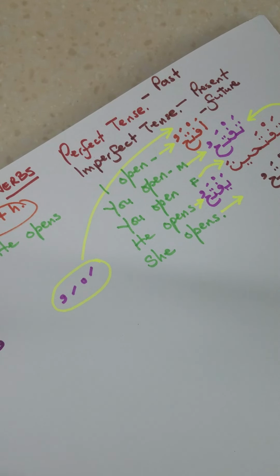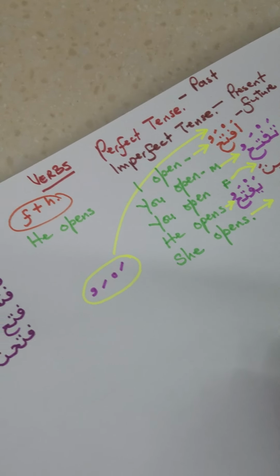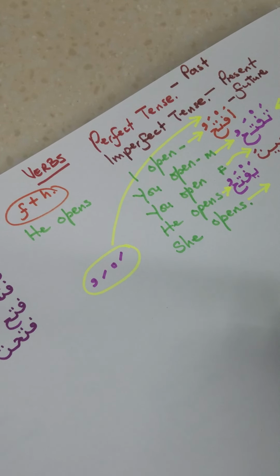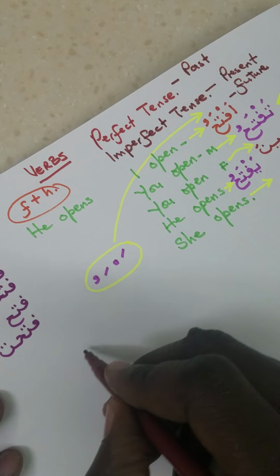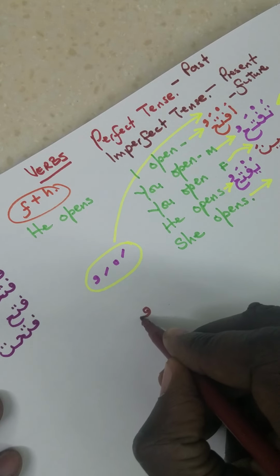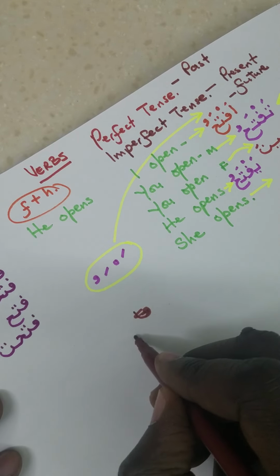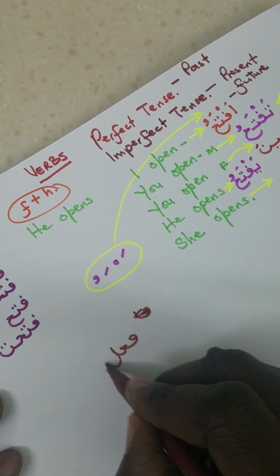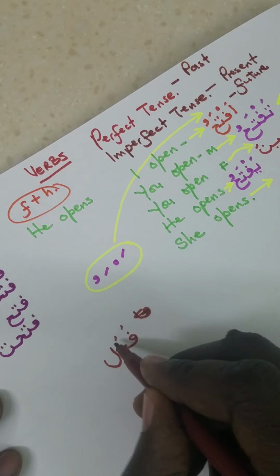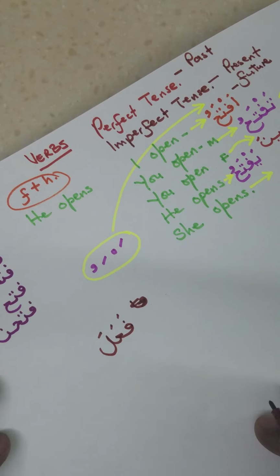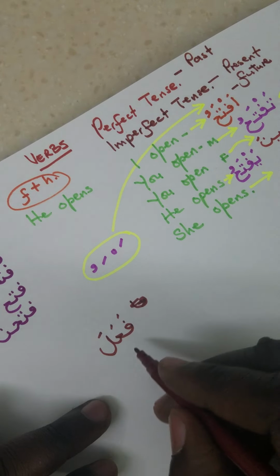We initially used the verb fa'al. Sorry. Fa'al. And we say this means to do.